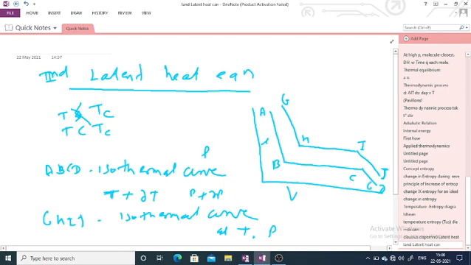Liquid starts to be converted into vapor state from point B. From B to C it is horizontal to the V axis. During this process, temperature and pressure are constant. So this is T plus dT, and this is T. Both are constant during the phase transition.